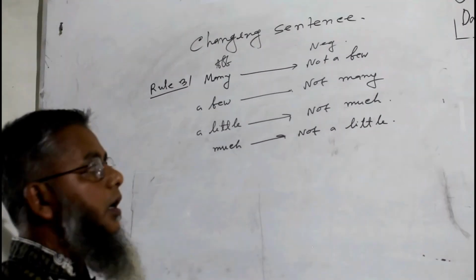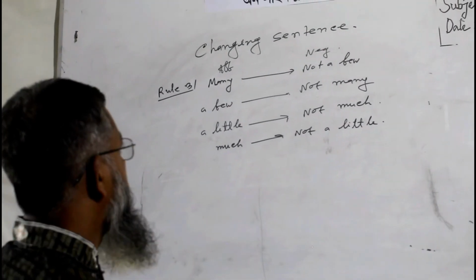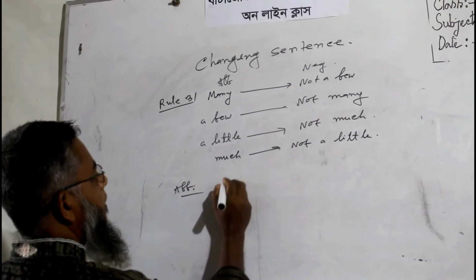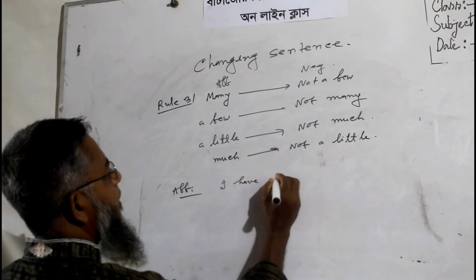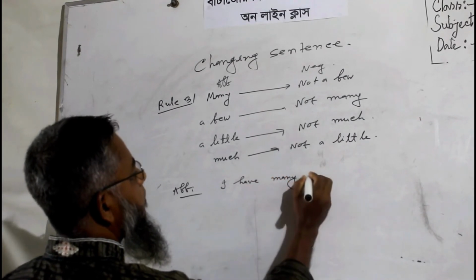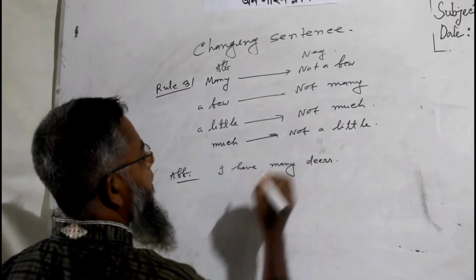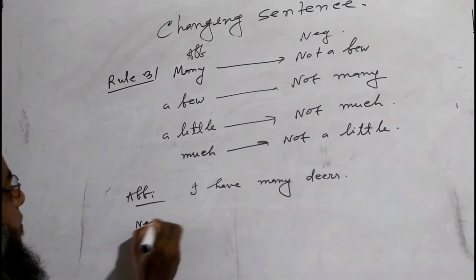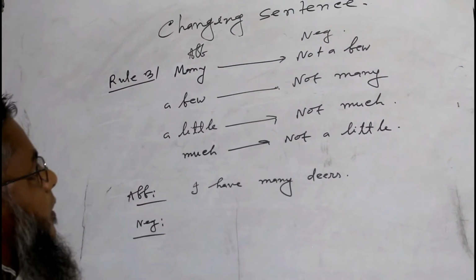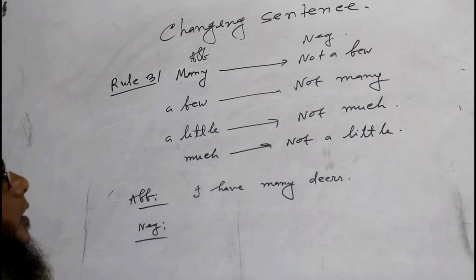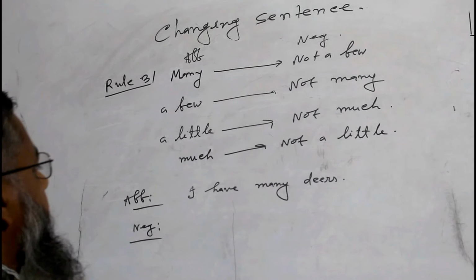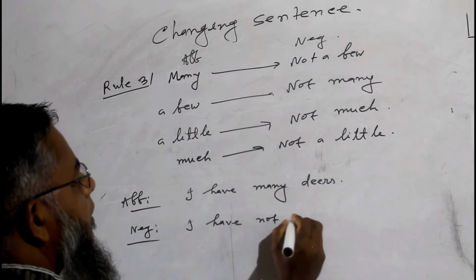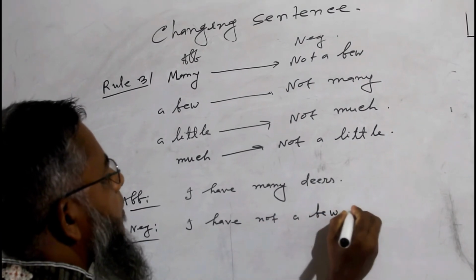For your understanding, I have some examples. Affirmative: I have many dreams. If you want to change it into negative sentence, you have to use not a few instead of many. I have not a few dreams.